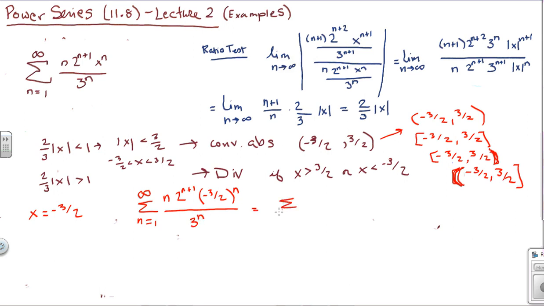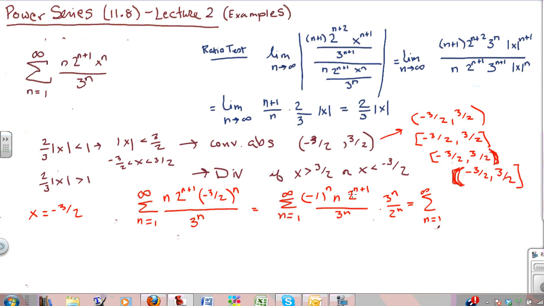This is going to be the sum n equals 1 to infinity of negative 1 to the n, 3 to the n over 2 to the n.